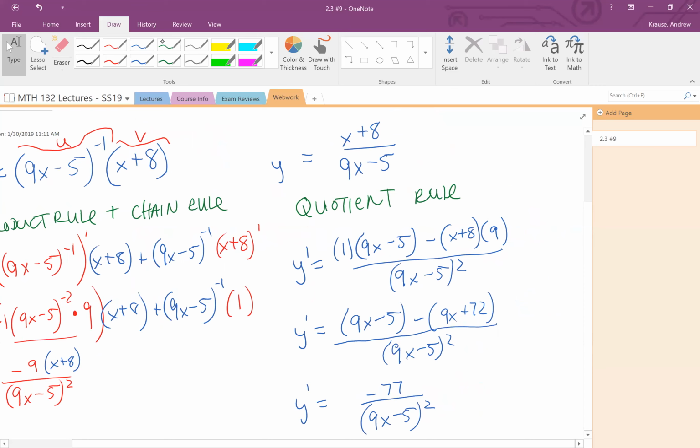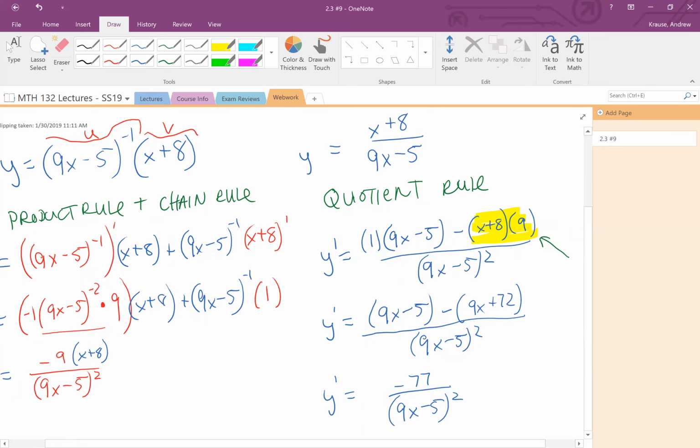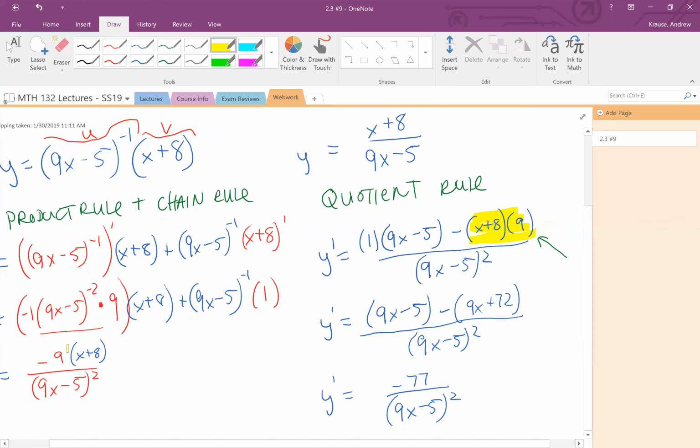So notice, look over here. That's that term. Okay, that is that same term over there. And it's over the same denominator. So we can start to see these things are close to being equivalent. And then we have a 1 over 9x minus 5.